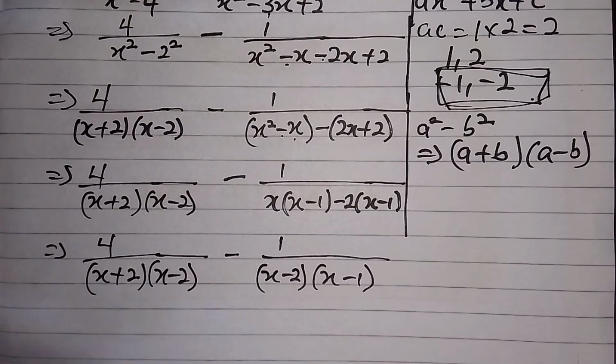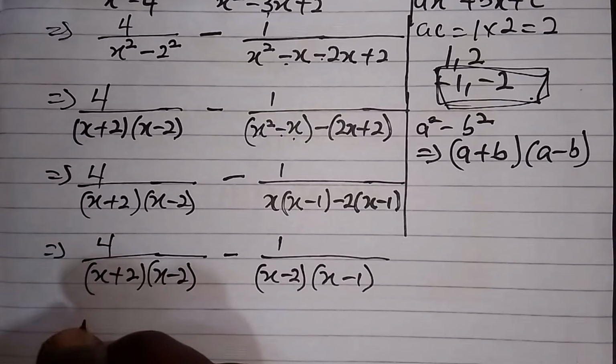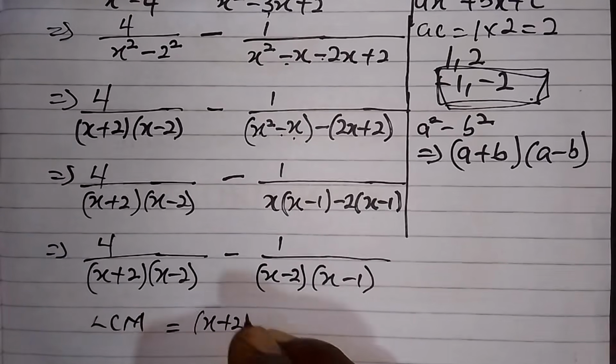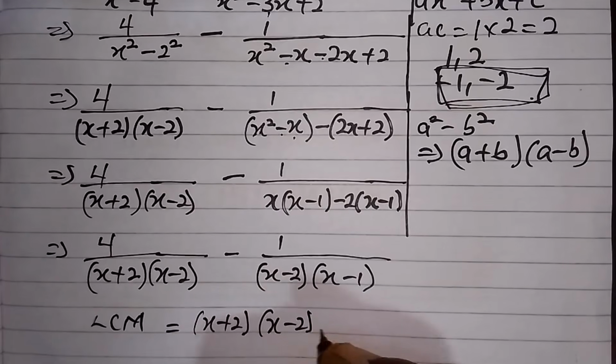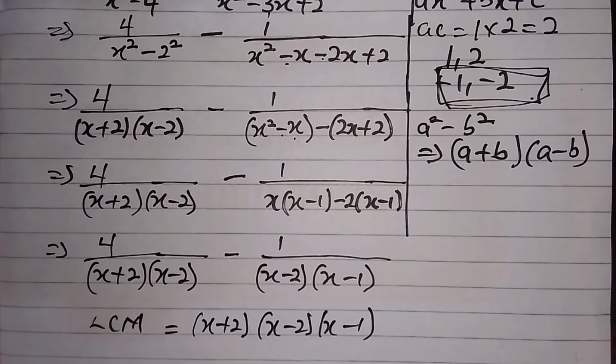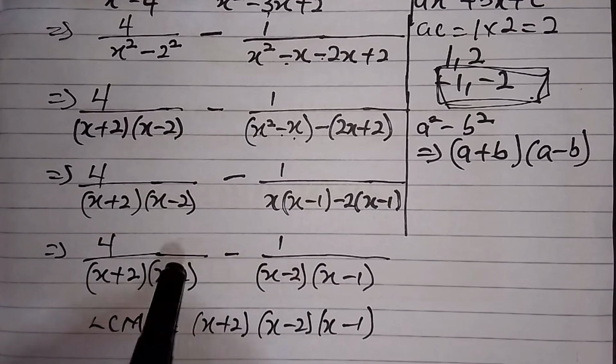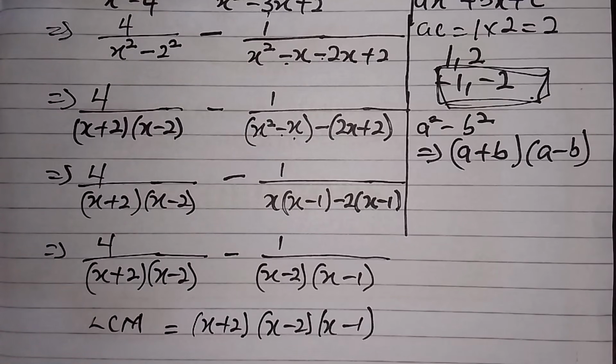In that sense, I have x plus 2, x minus 2 here, x minus 2, x minus 1 over here. So we just need to multiply these two denominators. But I have x minus 2 here and x minus 2 here, so you just take 1. In that sense, our LCM is now x plus 2, x minus 2, x minus 1. There's no need repeating x minus 2 because it is here and then it is here.